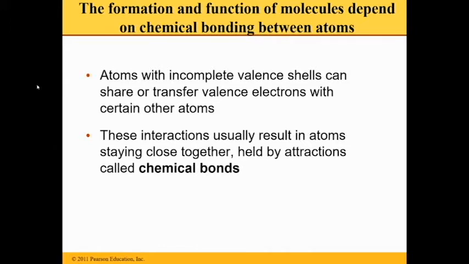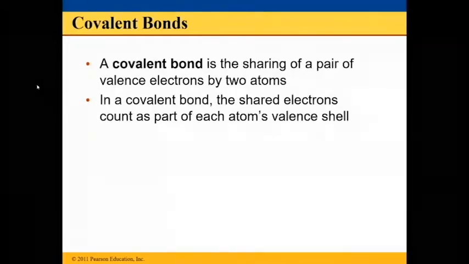So basically, an atom with an incomplete valence shell can share or transfer valence electrons with certain other atoms, which we discussed in chapter 1. These interactions usually result in atoms staying close together, held by an attraction called a chemical bond.